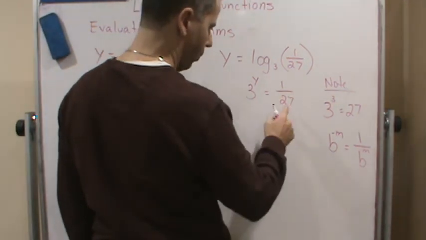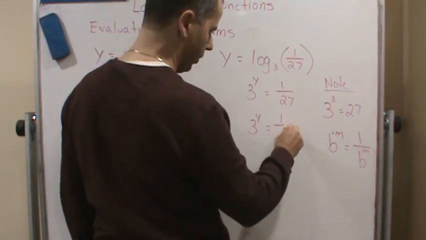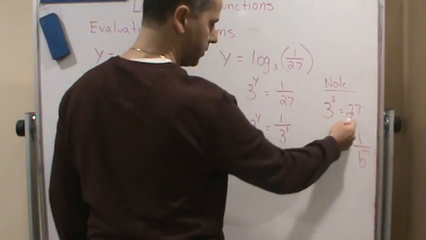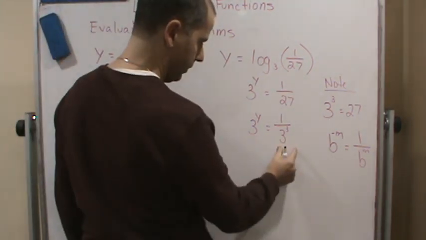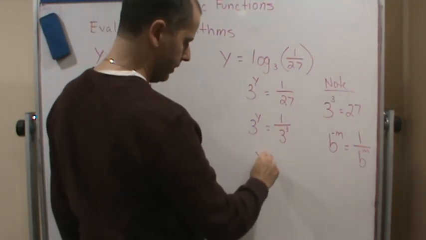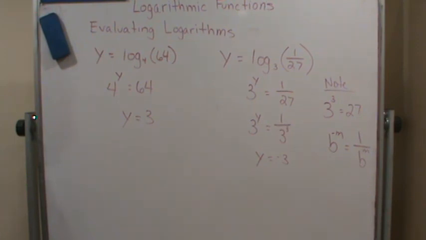So what if I write this, 3 to the y is equal to 1 over 3 to the third? I'm just doing substitution here. Now I can use this and it becomes obvious that y is equal to negative 3. Maybe that's even a better way of showing it.